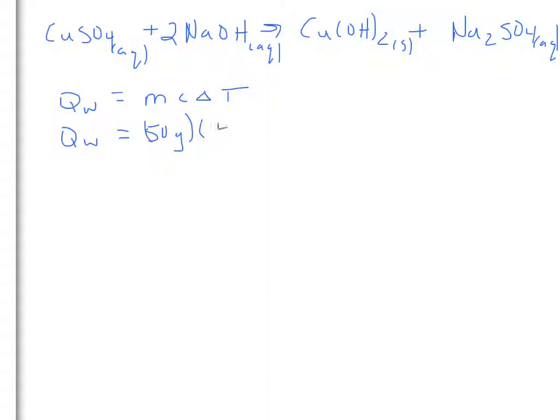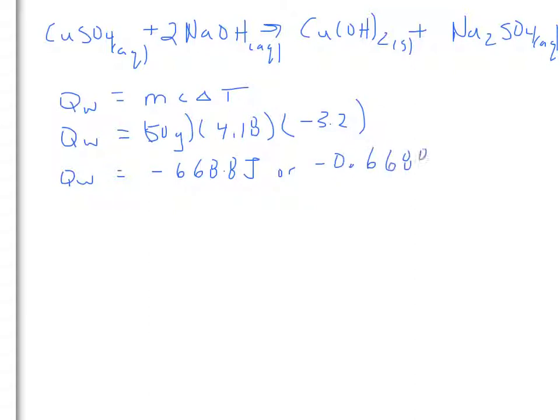I times that by the specific heat capacity 4.18, and the change in temperature of the water, it goes down by 3.2. So I have to have a negative term introduced there. That means the water lost 668.8 joules of energy. Or, if I convert that into kilojoules by dividing by 1,000, 0.6688 kilojoules.